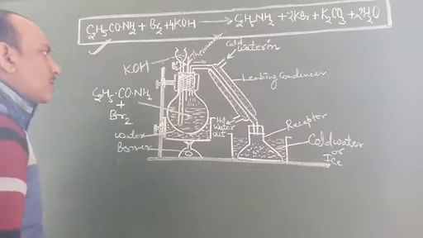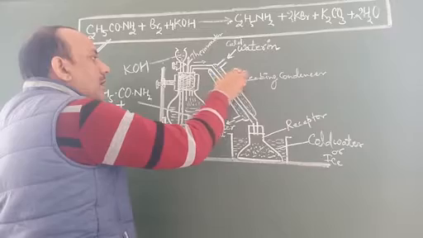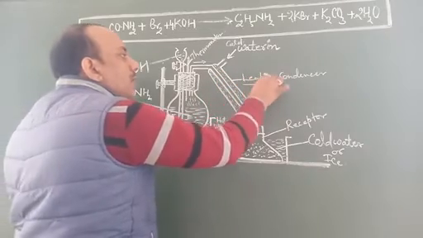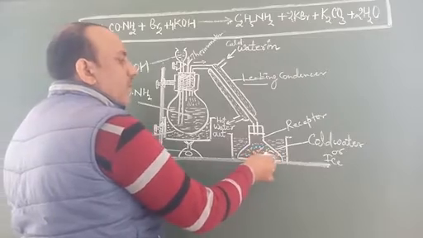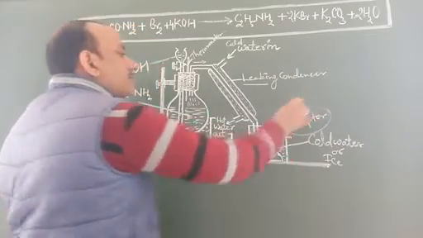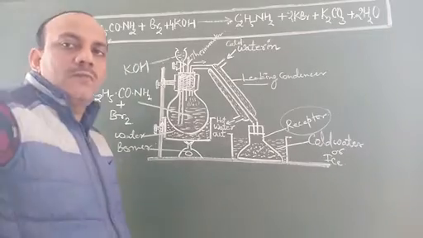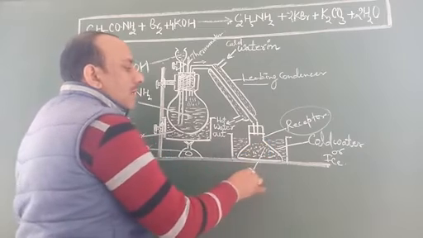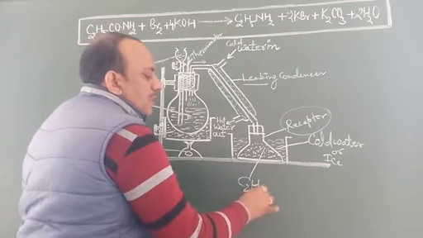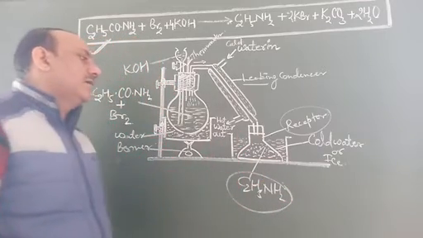Ethylamine passes through the connecting tube, is cooled down by the Liebig condenser, and is collected in liquid form in the receptor. This produced amine, ethylamine C2H5NH2, has some impurities.